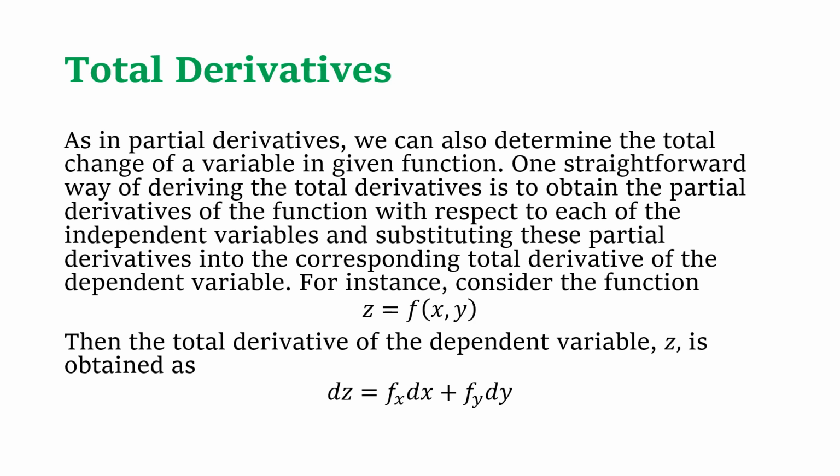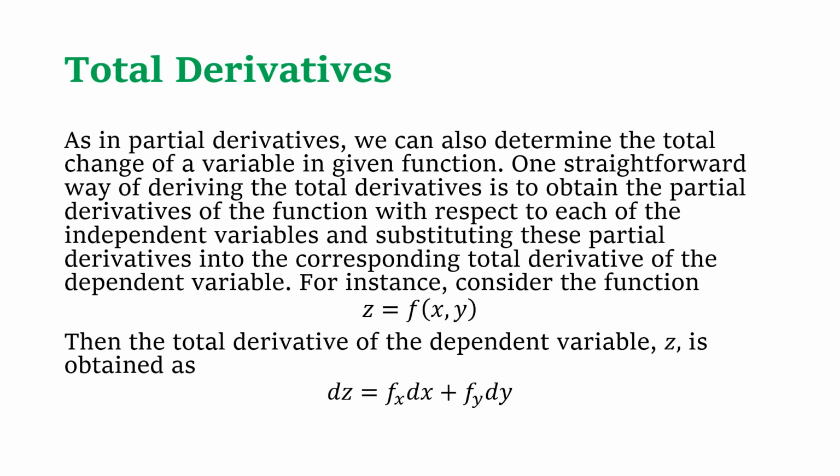But what we do here is we are going to find the total derivatives of a particular function, let's say the dependent variable, with respect to the independent variable, right?